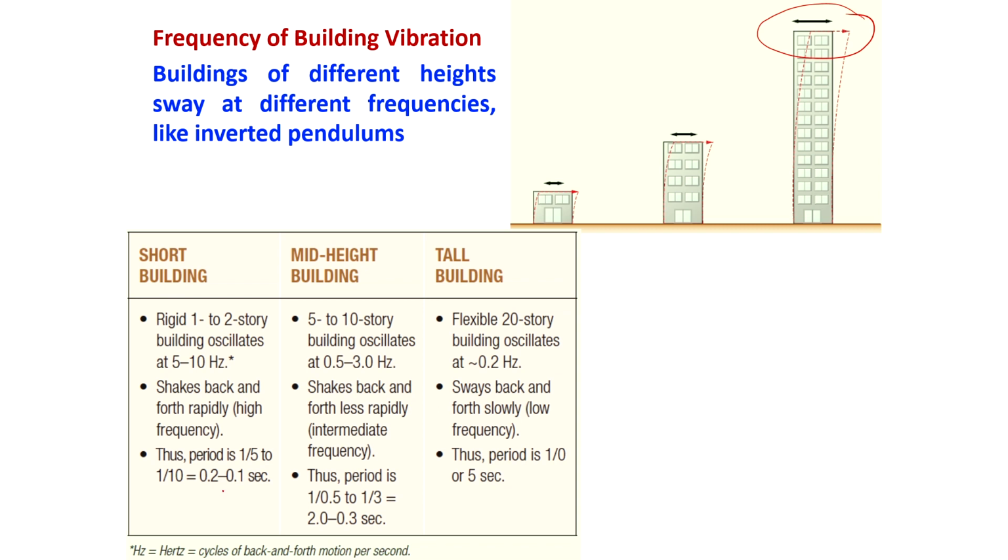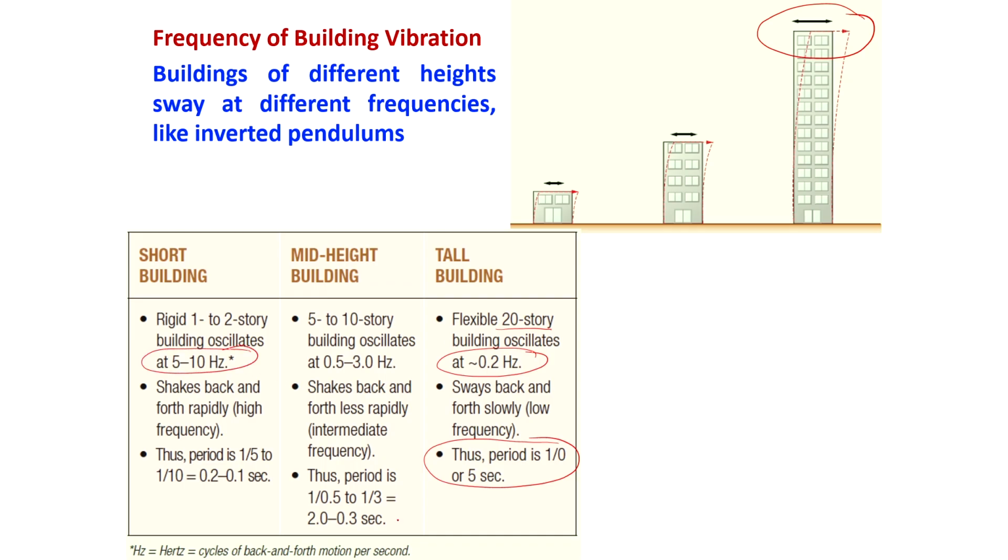When you compare the period of the taller buildings, it is larger, 5 seconds, and we are talking about 20-story buildings or so. The frequency here is lesser, whereas the shorter one has up to 10 hertz.